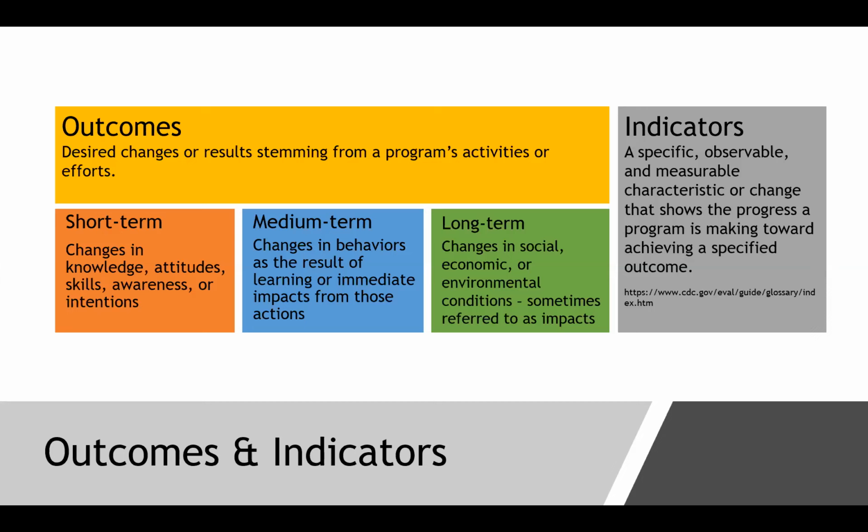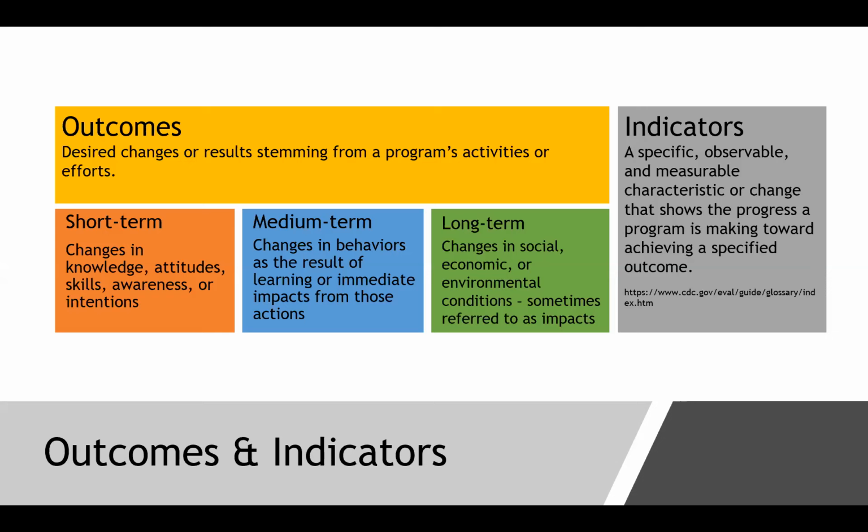Then medium-term are those changes in behaviors that result as a follow-on to those changes in knowledge, attitude, etc. And then the long-term begins to get at outcomes and results which may even be accruing for people and groups who did not necessarily directly participate in the program, but it's those more downstream positive effects, ideally positive effects of the program.